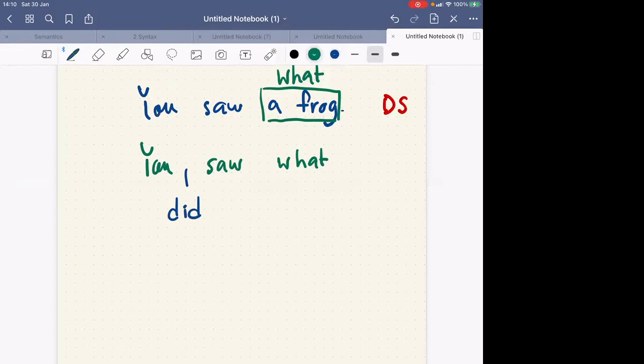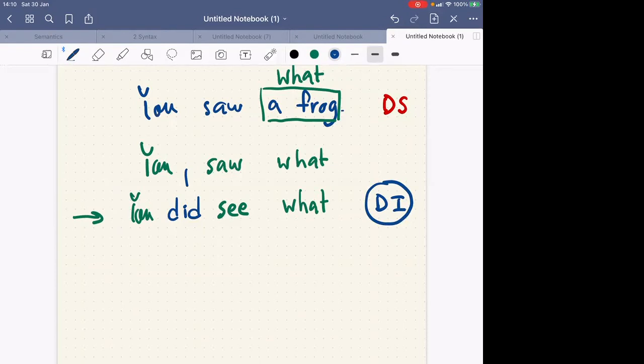So here I will get the sentence like you did see what. So at this stage, by inserting did in front of the verb see, it is possible by the transformation rules that we call DI. So this is one of the transformation rules.